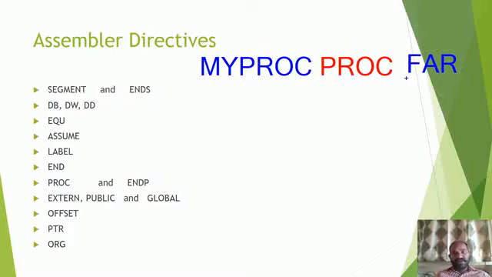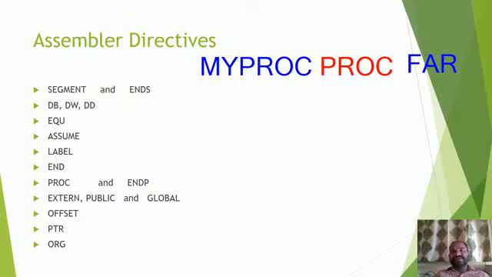let us suppose I have written some program. As I said, this is MYPROC, just like our MYCODE and MYDATA labels which we took for a particular logical segment, and this MYPROC is also a label, showing the starting address of our program. PROC is a directive provided by the MASM, and FAR is a keyword.